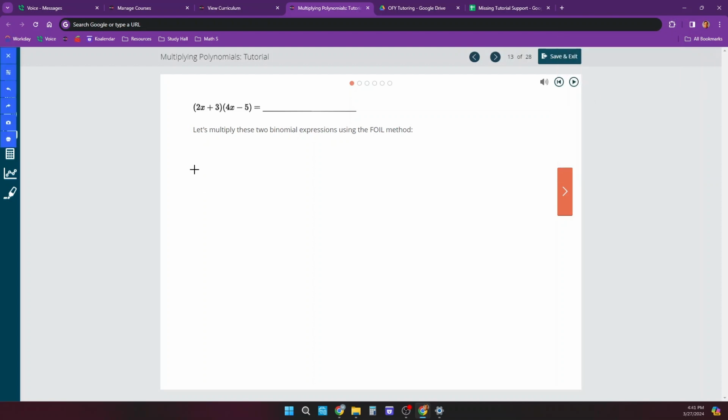So let's take our 2x plus 3, multiply that by our 4x minus 5. So our first terms are going to be 2x and 4x, giving us 8x squared. Our outside terms are going to be 2x and negative 5. So that's going to be minus 10x.